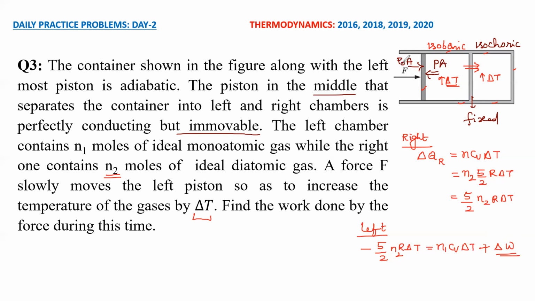But let us neglect this atmospheric pressure in this particular case, because we are not given that. So delta W for the left side gas comes out to be minus 5 by 2 N2 R delta T minus N1 into, since that is a monoatomic gas, 3 by 2 R delta T.